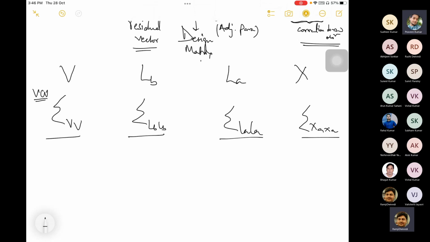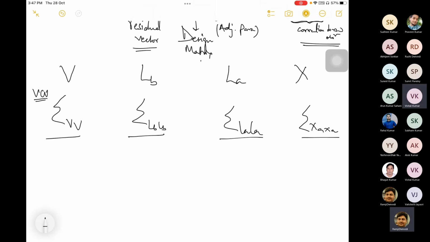Sir, for sigma VV, the size of these are observations. So the value will be one for each observation, then after it will get added. So 1 cross 1. Sorry, I could not get what you are trying to say.